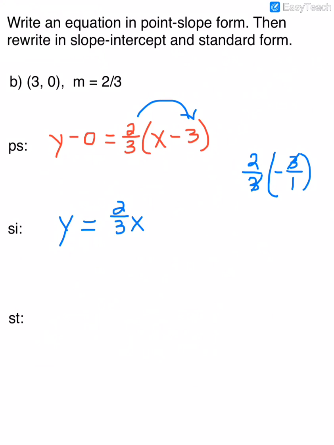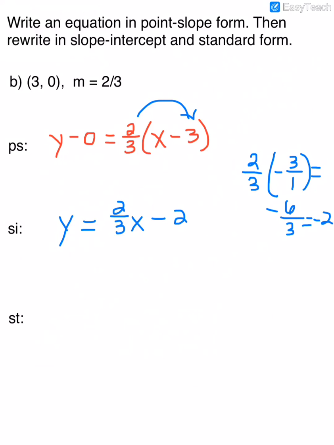Well, the 3 on the bottom and the 3 on the top would cancel, and that would just give me a negative 2. Or if that confuses you, if you don't want to cancel, you can just multiply those together, and you say negative 6 over 3, and when I divide that, I still get negative 2. So when I multiply 2/3 times negative 3, I get negative 2, and that's my equation in slope-intercept form.